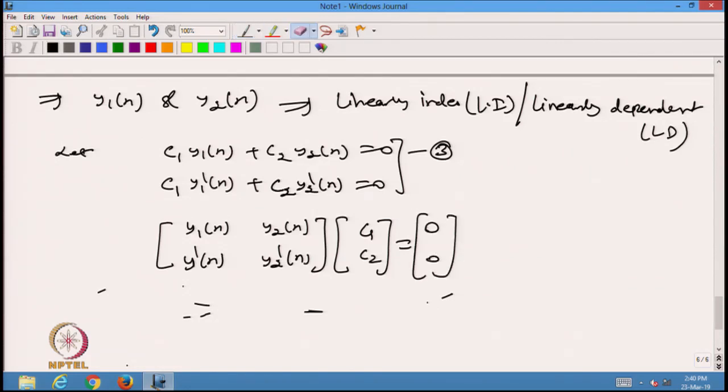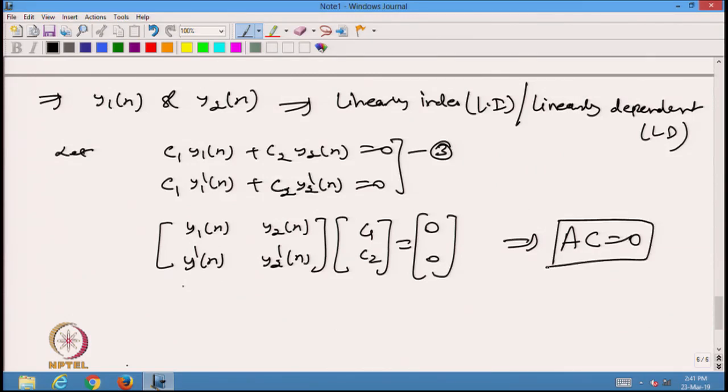If you see it clearly, this is a 2 by 2 system, and I can write it as AC equals 0. This is a homogeneous system of equations, and we know that this system has two possibilities: a unique solution or infinitely many solutions.